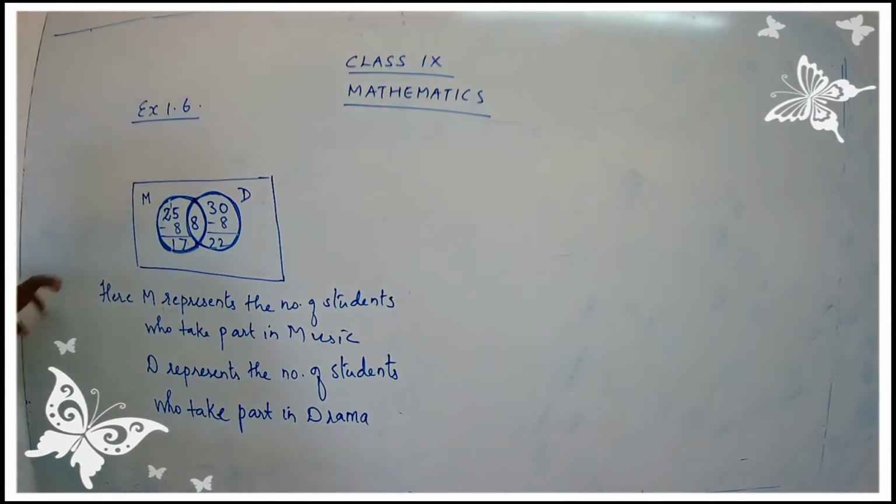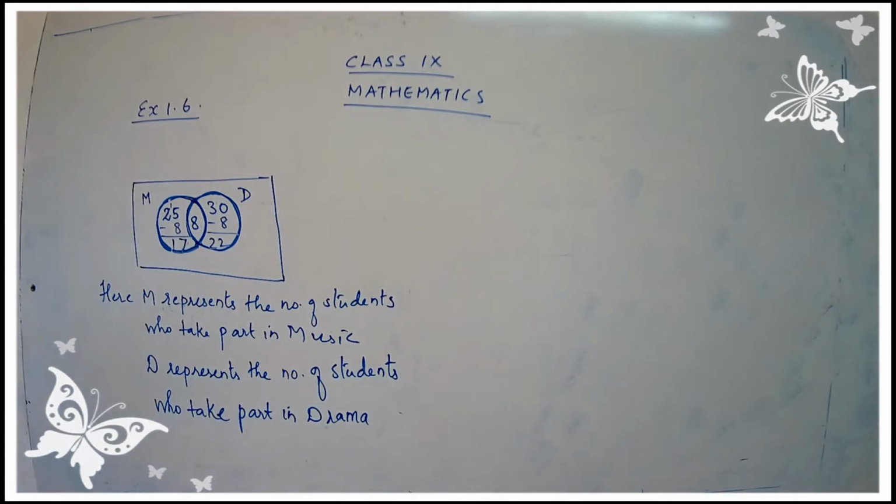Okay, children, now you fill the details. You have to fill the details using pencil. I hope you can view it clearly. Right. 25 minus 8 gives you 17, and 30 minus 8 gives 22.